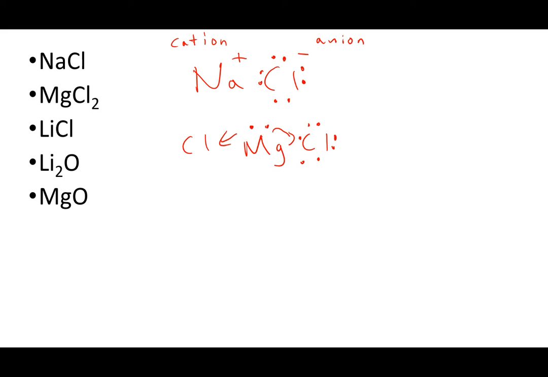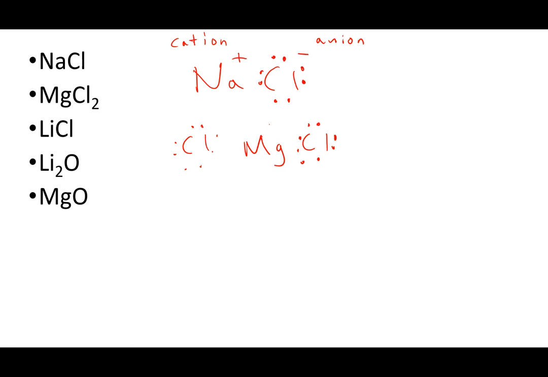When it gets 1 valence electron each from magnesium, it will form 8 electrons in a full outer shell. So I have my letters, I put my charges. Magnesium forms a +2, chlorine forms a -1. In this case, magnesium gave 2 electrons, 1 to each chlorine.